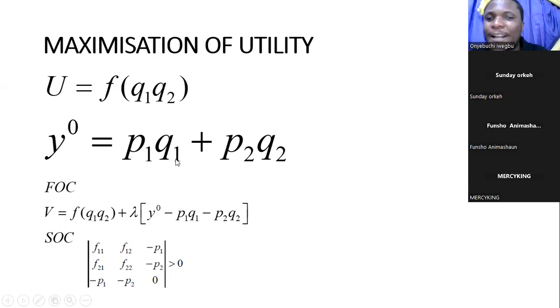So if I have 100 naira, and I'm to either buy biro or pencil, how much is the price of a biro? 10 naira. How many quantities of biro am I buying? 2. What's my expenditure on biro? 10 times 2. Simple as ABC. And then what about the Q2, which is pencil?